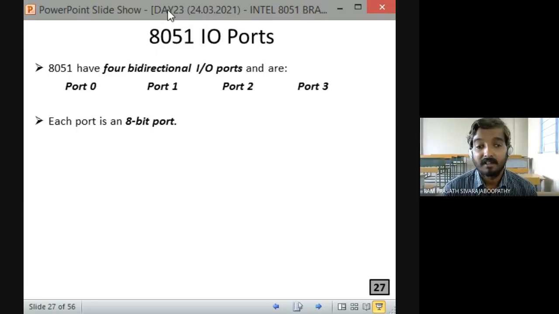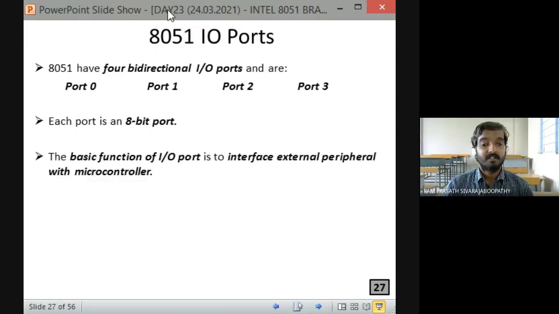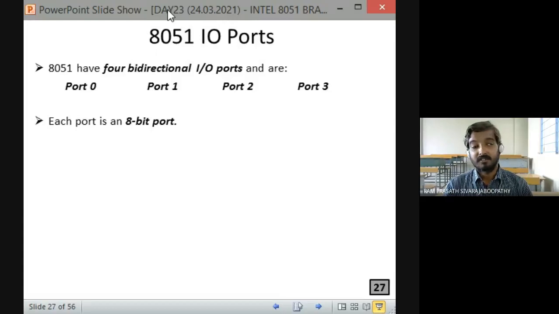Fine. So what about the registers? To program each port, what are the registers we have? We studied that there are SFRs to program each port, correct? No, R0 to R7 are register bank registers. I am asking about port registers.